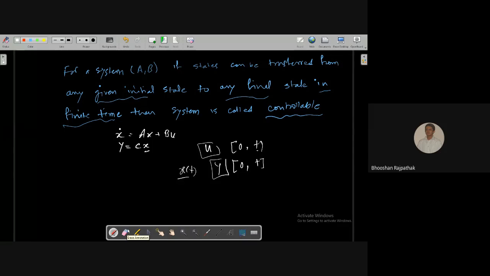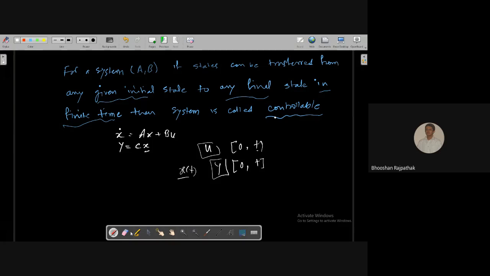So a system can be controllable and observable, but might not be stable. Similarly, a system can be controllable, but may not be observable. A system can be observable, but may not be controllable. So all these things are different. One doesn't imply the second, the second doesn't imply the third.